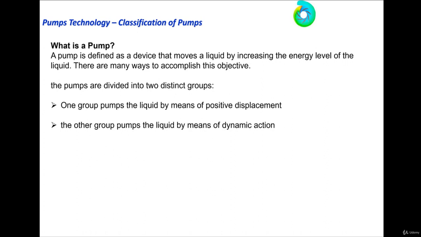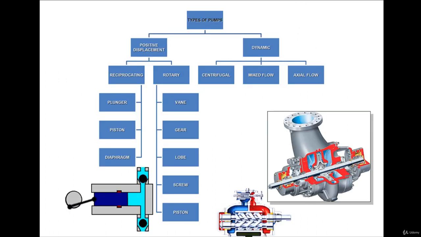The pumps are divided into distinct groups, by how energy is added to the fluid. The main types are positive displacement and dynamic. Positive displacement consists of reciprocating and rotary.